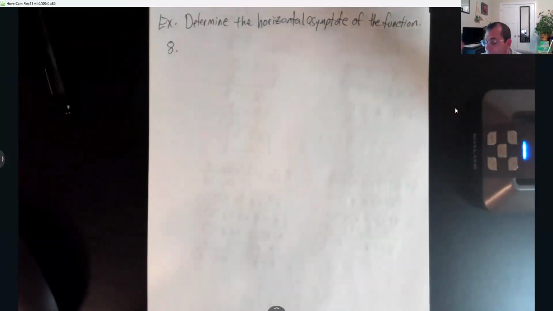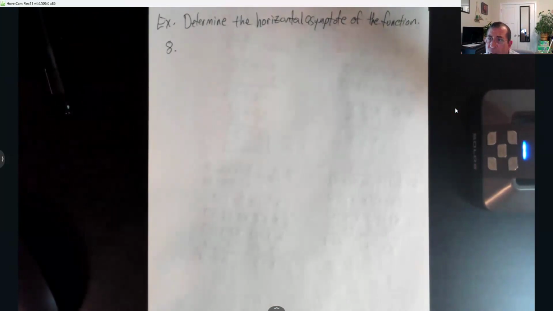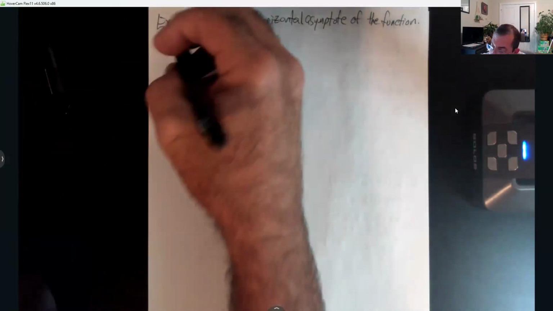I remember I gave you 3 cases. The top degree higher than the bottom degree, no asymptote. Bottom degree greater than the top degree, the asymptote was y equals 0. If they're equal on top and bottom in the degree, then we went with y equaled a over b, where those were my lead coefficients, okay? So those are the 3 cases.